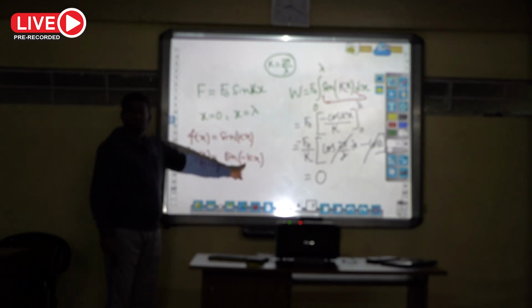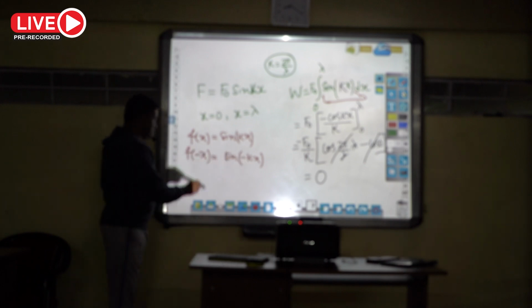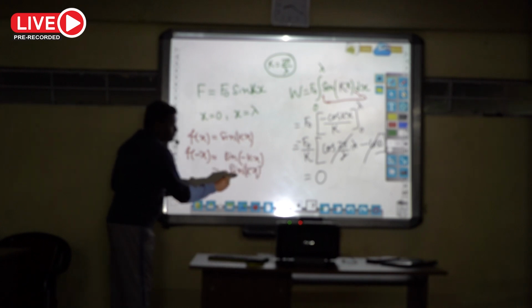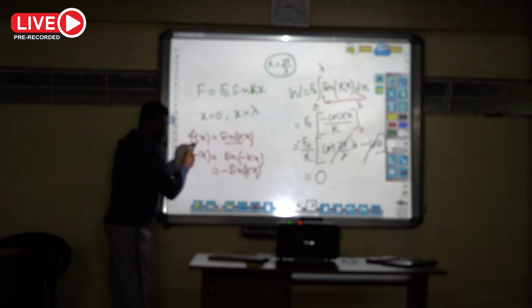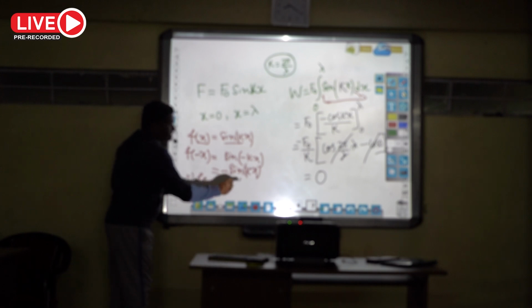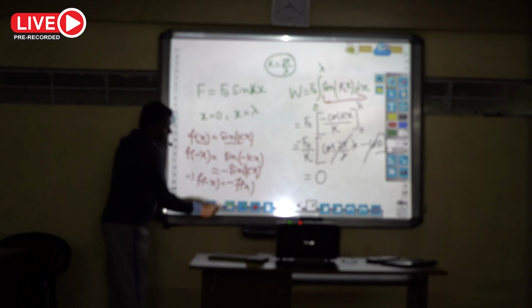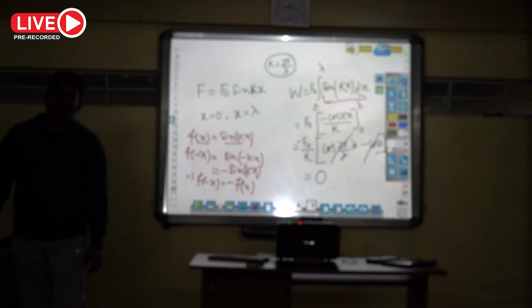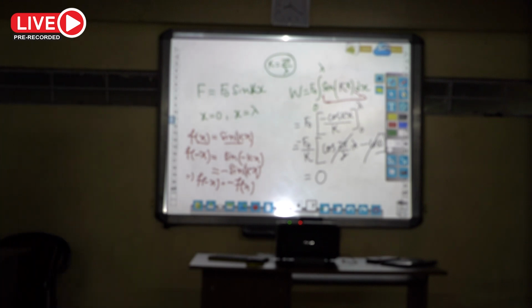Now if there is any minus sign in the sine function, it will come out and it will become minus sin kx. But what is sin kx? So I can write f of minus x equal to minus f x. Means sin x is an odd function. Sin x is an odd function.